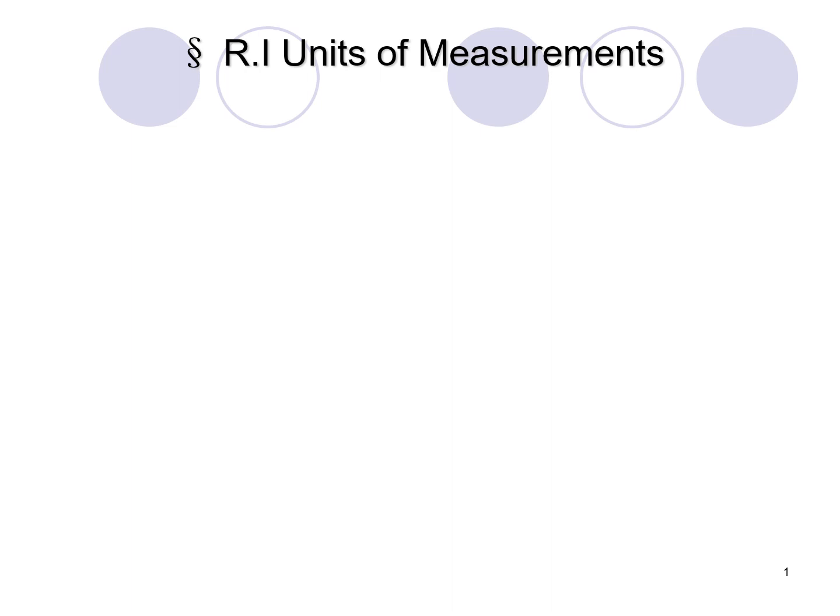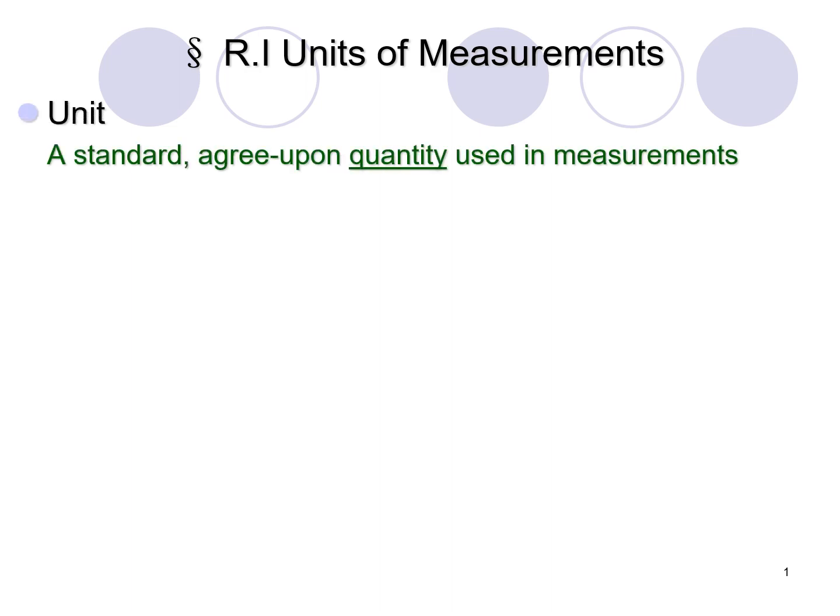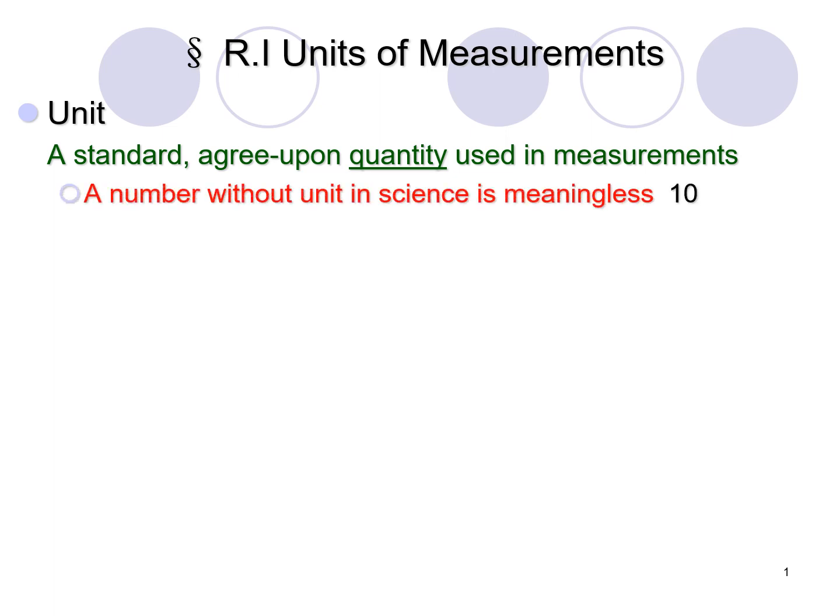What's the unit? A unit is the standard agreed-upon quantity used in our measurements. I just want to point out that any value, a number measured in science without a unit is meaningless.